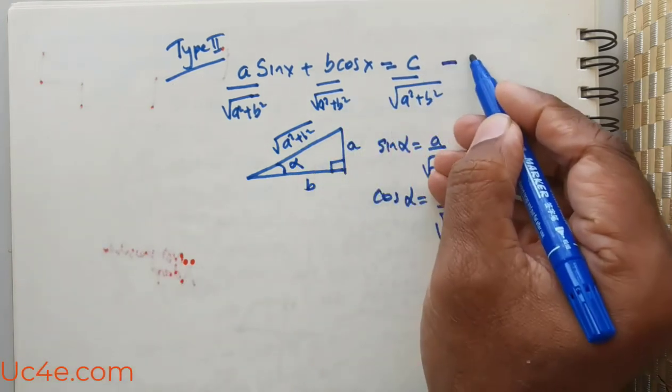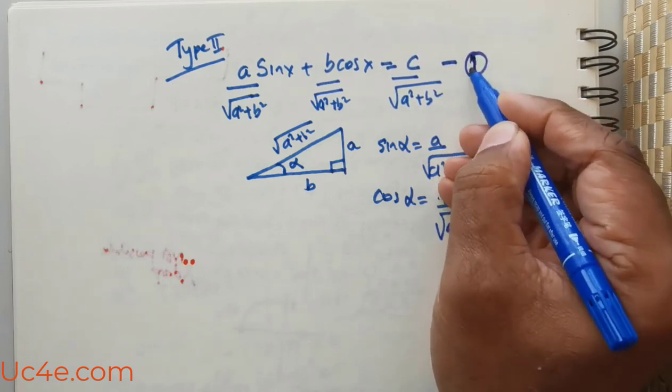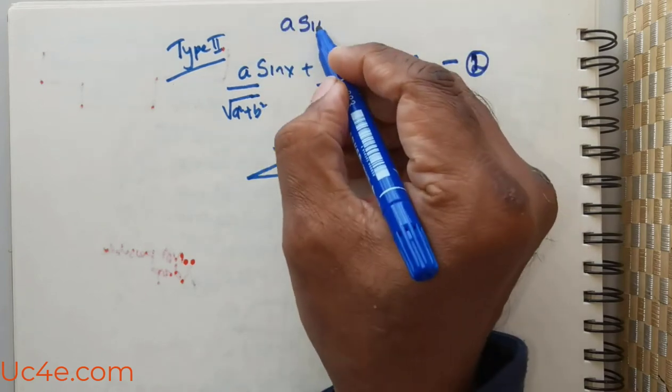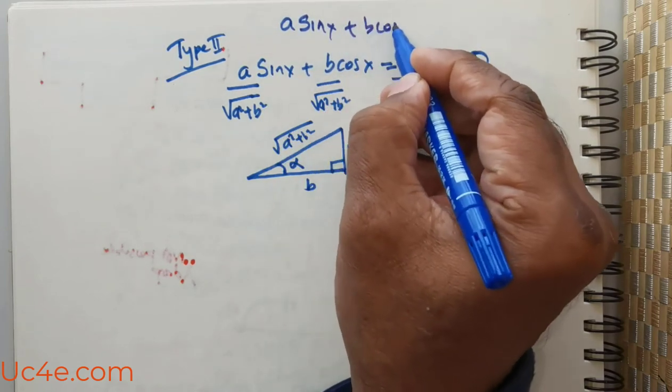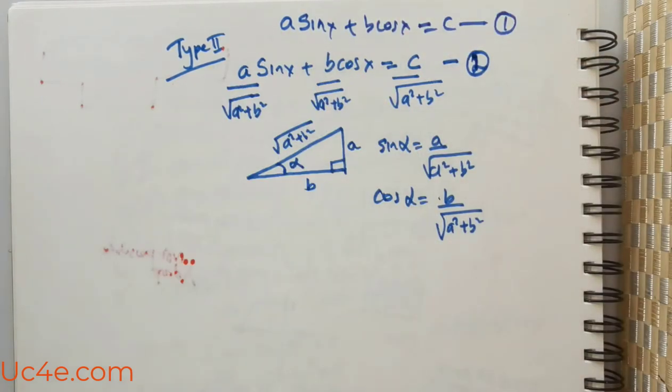Let me take this as 2, and let 1 be a times sine x plus b times cos x is equal to c. So this is the original form, right?